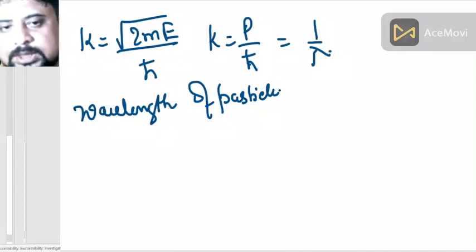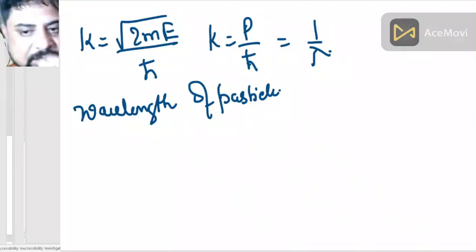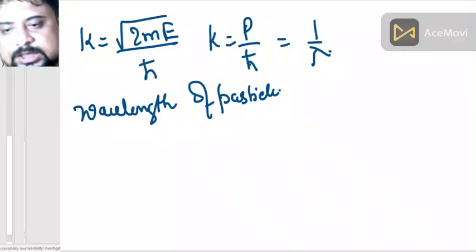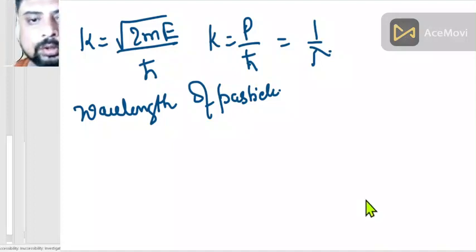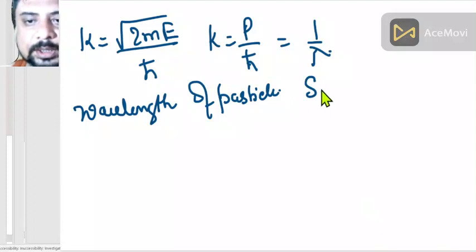So this quantity is related to the wavelength of the particle, and wavelength depends on momentum. So if there is a change in momentum, there will be a change in wavelength. In most of the situations I have seen, people take this as a mathematical simplicity and don't understand the physics. Try to understand the physics. The momentum of the particle will change when there is a force, and a change in wavelength means a change in momentum. So let us move further.